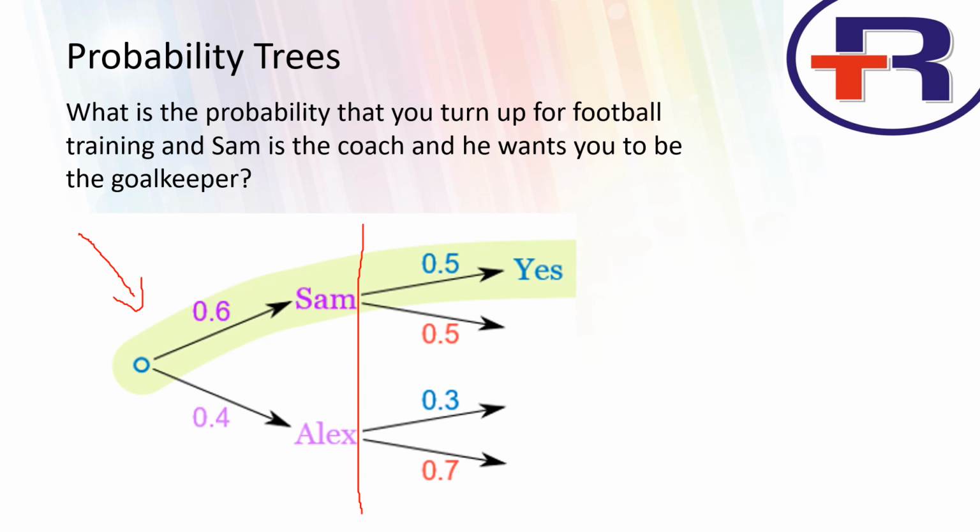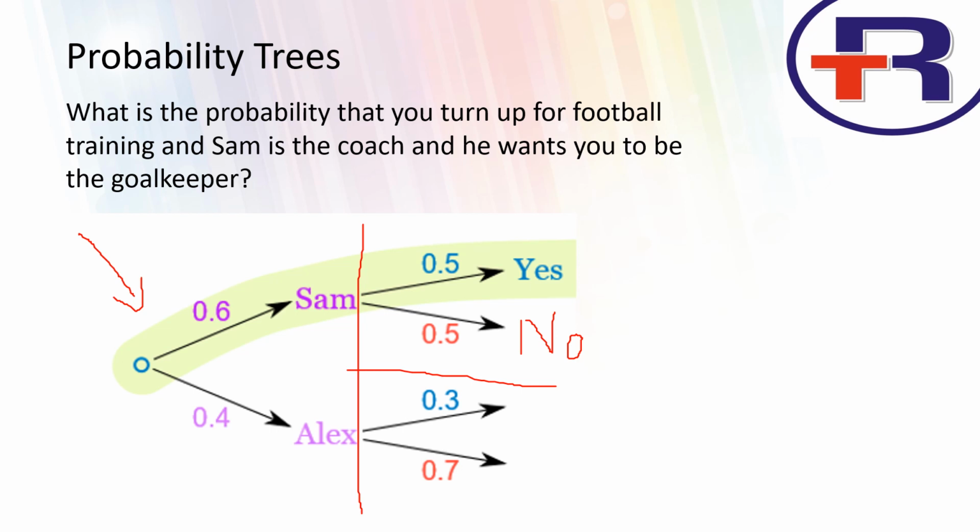We can see that 0.6 and 0.4, both of those add up to 1. And it's the same if we go across here. We can see here that the chance of you being the goalkeeper today is 0.5 yes or 0.5, which would be no. And again, you can see that they add up to 1. That's how probability trees are made.